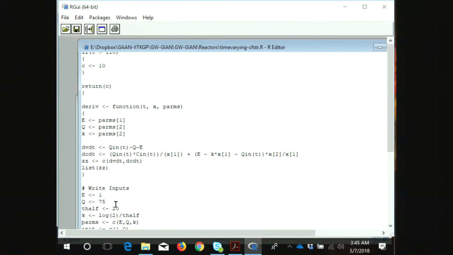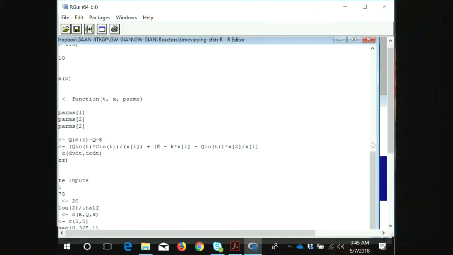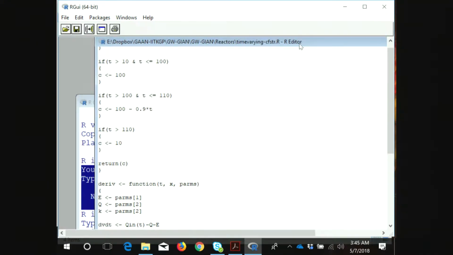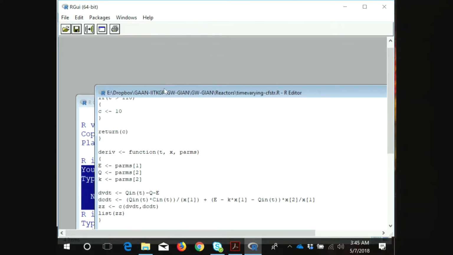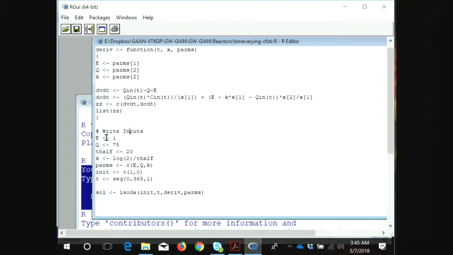Okay. So here I write my inputs, E, Q. I have a half-life, so this is my half-life. And so I'm writing my input E is equal to 1.